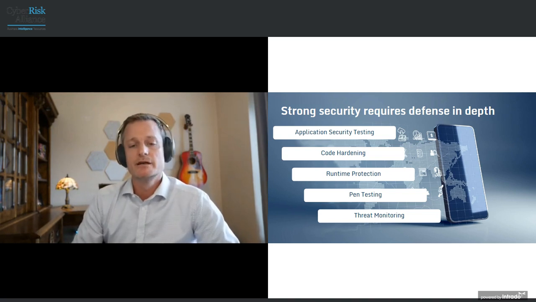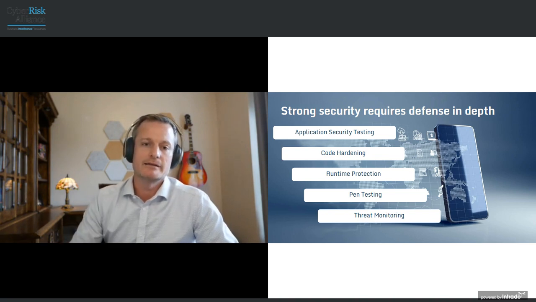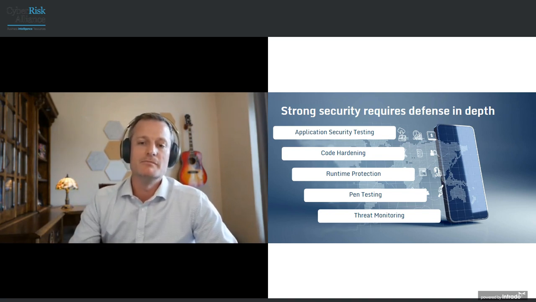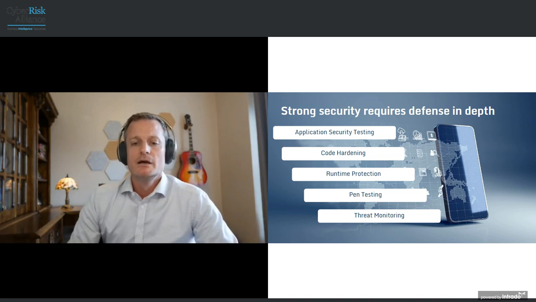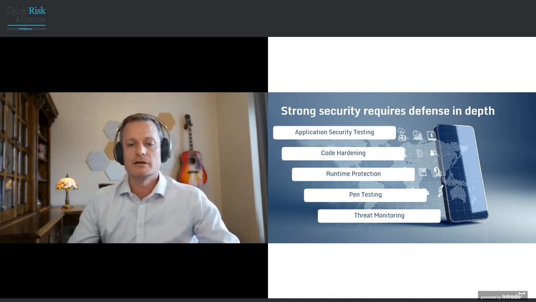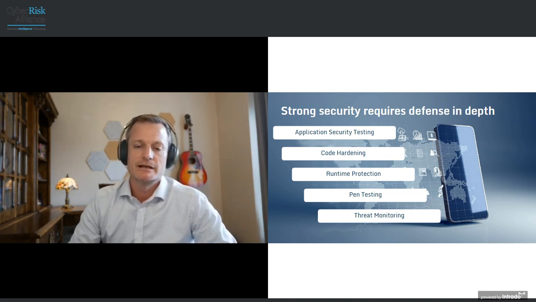So for us, doing all this work is important, but if you're not also looking at the application and how it's being operated in the real world, you may be missing how those threats are evolving and changing over time. We think threat monitoring is a really key pillar to a mobile security strategy.